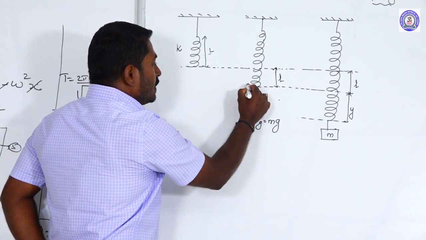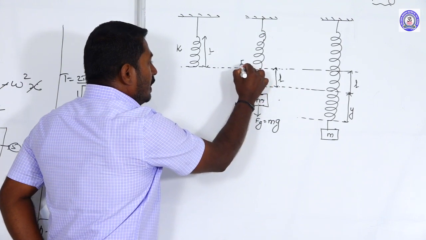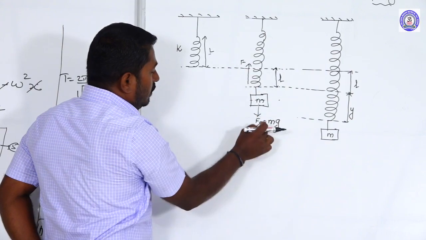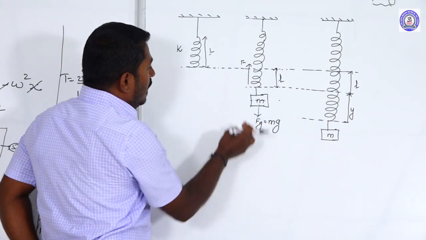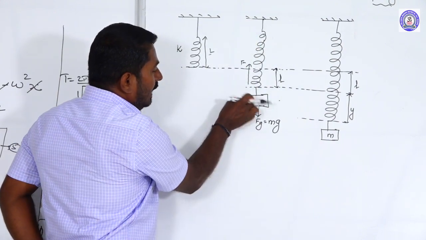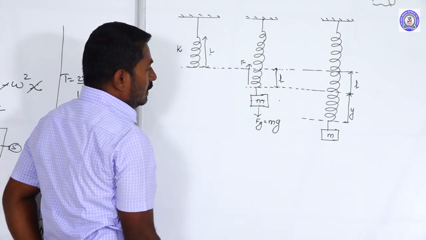Then a restoring force is exerted by the spring on the block, opposite to the direction of the gravitational force, acting vertically upward.